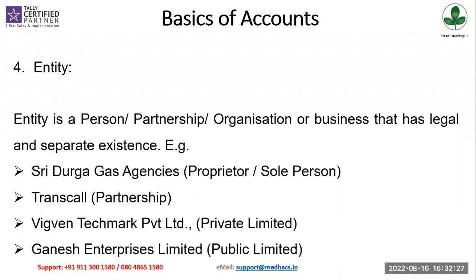Next comes entity. What is an entity basically? This is where you need to be a little careful, especially if you are into a small business and if you are a proprietor or a partnership firm. You need to understand the business is a separate entity and me as an individual is separate.